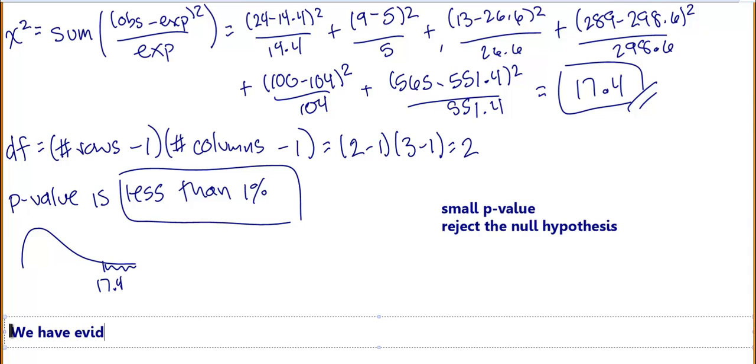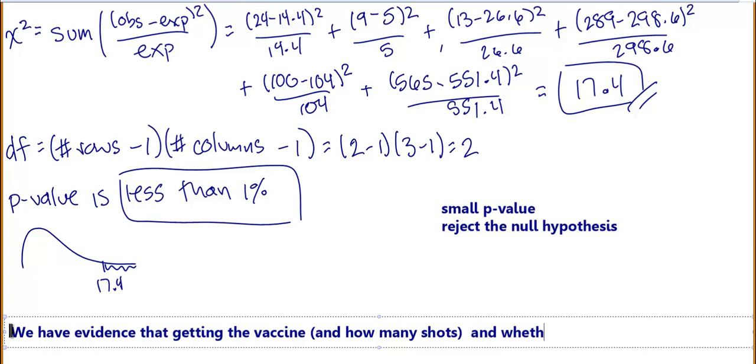And we have evidence now, and lots of evidence, because it looked like that p-value would be pretty small. So we have evidence that getting the vaccine and how many shots and whether you get the flu affect each other.